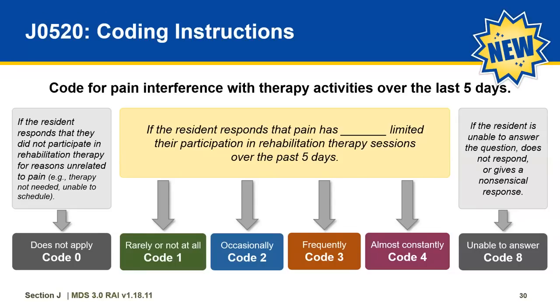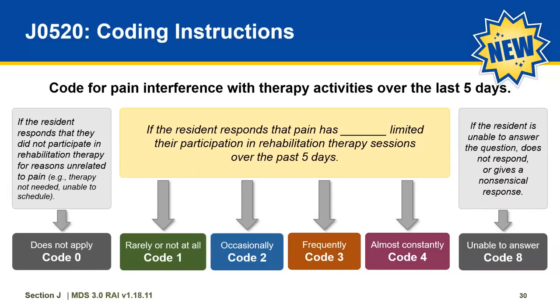If the resident responds that pain has occasionally limited their participation in rehabilitation therapy sessions over the past 5 days, code 2, occasionally. If the resident responds that pain has frequently limited their participation in rehabilitation therapy sessions over the past 5 days, code 3, frequently.